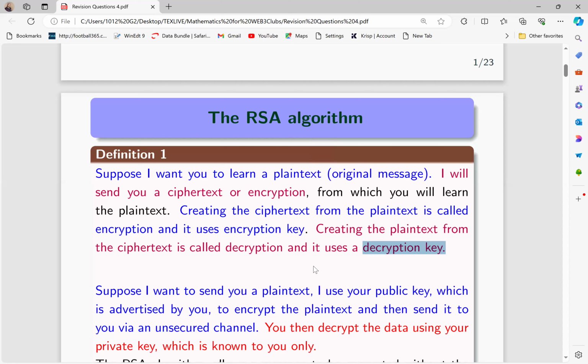In this class, we'll try to encrypt plain text and then decrypt it. That means we'll see how to come up with the keys, the encryption key and then the decryption key.